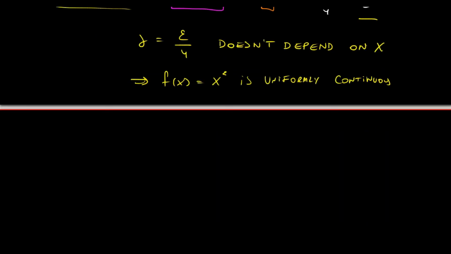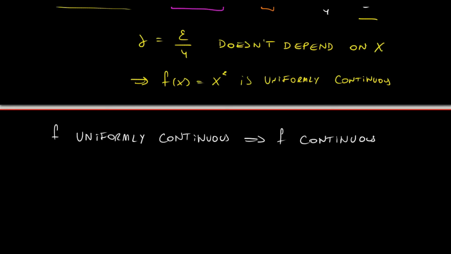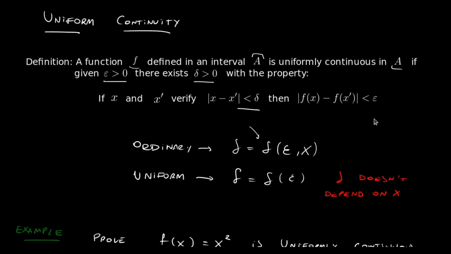Now, something important that we get from this is that if f is uniformly continuous, then f is continuous. What I'm saying is, let's say we find a delta that doesn't depend on x.